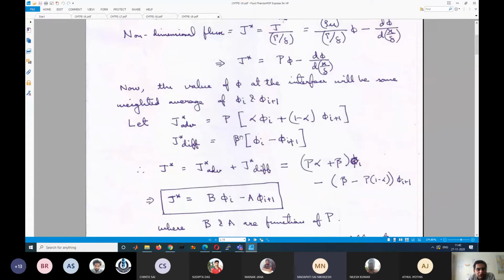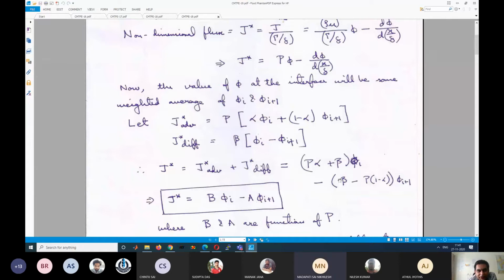What the function is we don't know, and we don't bother. These are intermediate terms, and after interpolation we finally get B and A, where B is in terms of beta and alpha. So we don't need to find out what alpha and beta are. If we can find B and A for a scheme, that itself is sufficient.